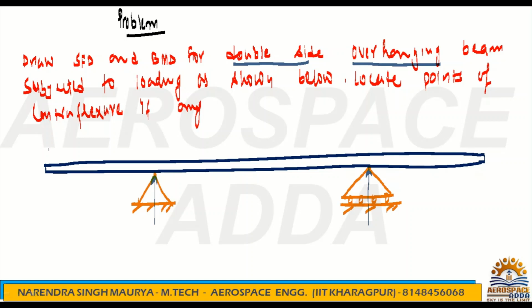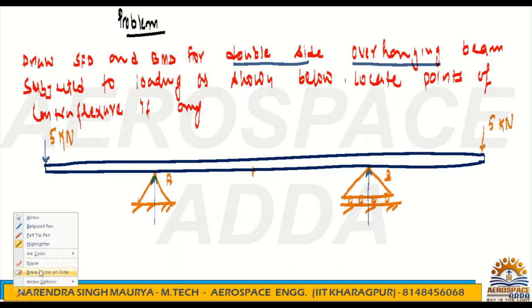Now we have to show all the forces. First we have a force of 5 kilonewton. At this end also we have 5 kilonewton. Naming is also given. If naming is not given, then you have to name the points as per your priority, like A, B, C, D. But sometimes the naming is given to you, so you have to follow the same naming.